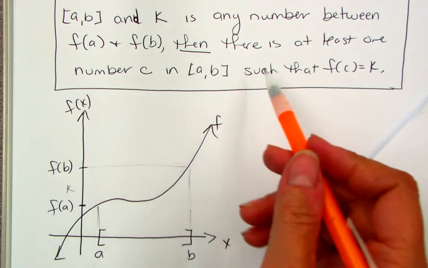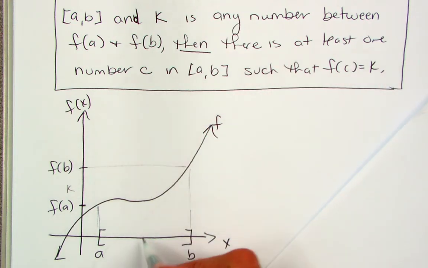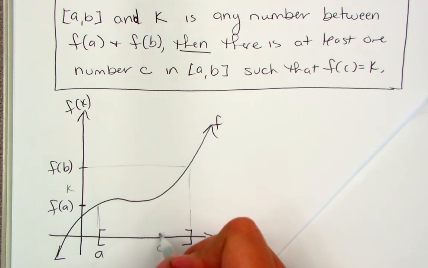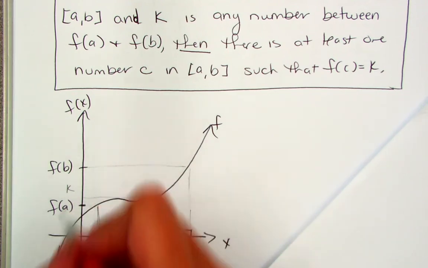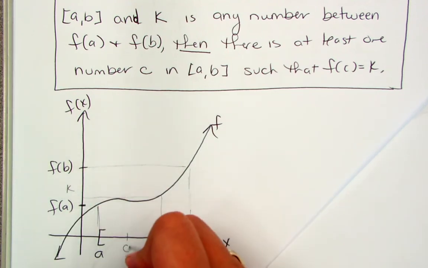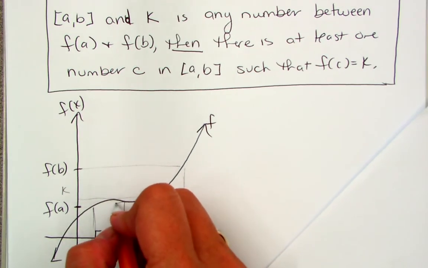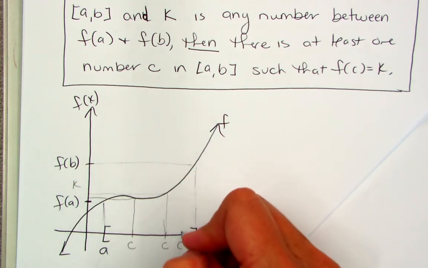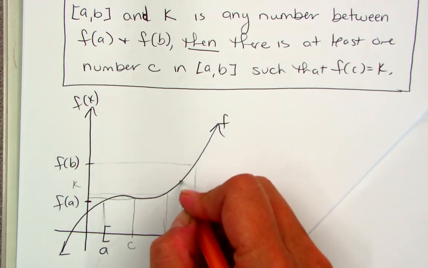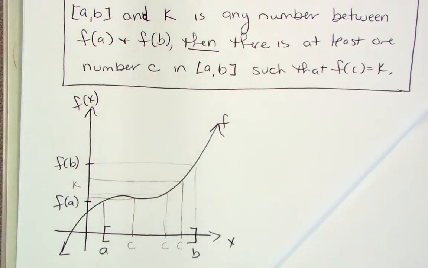Then there is at least one number c in A to B such that f of c equals k. So let's put it here. Here's a c. And yes, k will be between f of A and f of B. If I put the c here, it's going to be between f of A and f of B. If the c was here, yes, k is between f of A and f of B. That's all that is being stated.